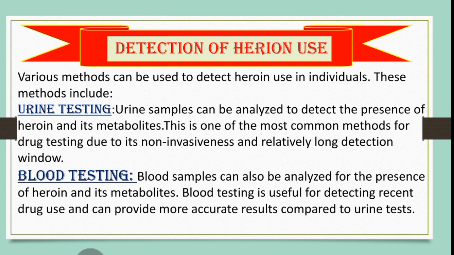It is one of the most common methods for drug testing due to the relatively long detection window, and blood testing is also used for the detection of heroin. Blood samples can be analyzed for the presence of heroin and its metabolites. Blood testing is useful for detecting recent drug use and can provide more accurate results compared to the urine test.